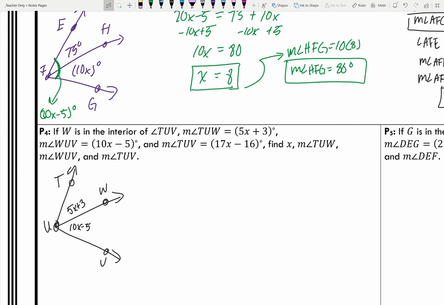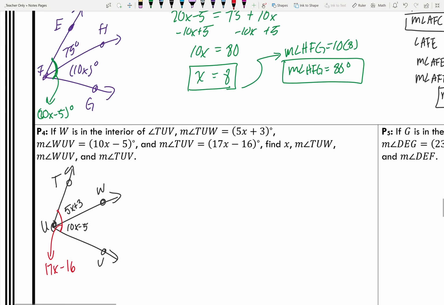So the whole thing right here, let's do, what color do we want to do? Let's do bright red. Find the x, the measure of angle TUW, measure of angle WUV, and TUV.